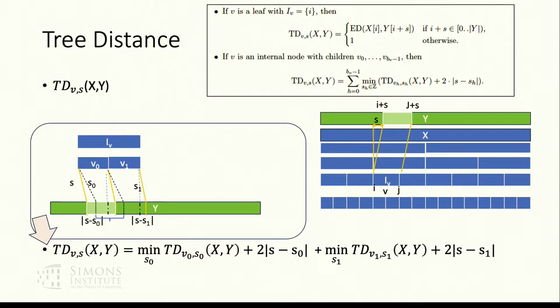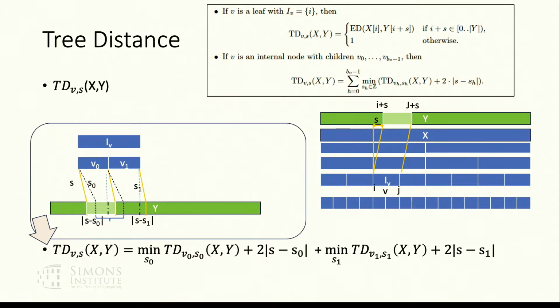And for the internal nodes, I will define tree distance recursively. If you are at an internal node V, you look at its children, V0, V1, and so on.